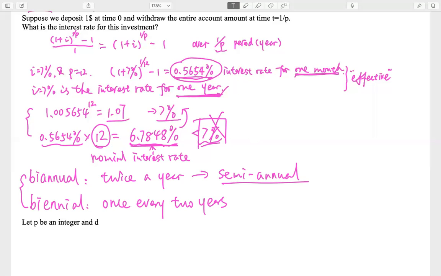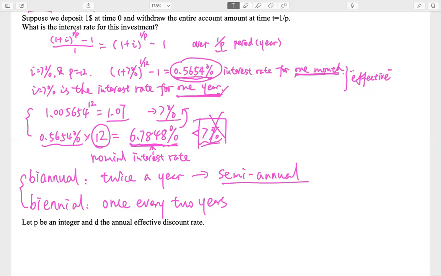And D, as usual, will be the annual effective rate of discount, or discount rate. By now, you should know the various relations between D and some other variables like I, like V, right?